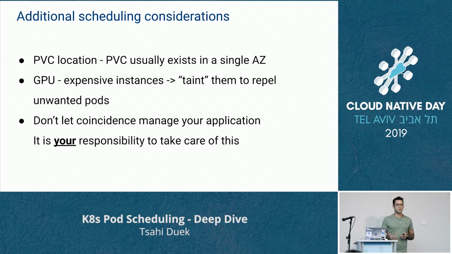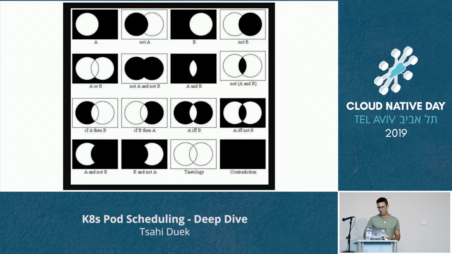It didn't happen for a reason. It is your responsibility, and you should take care of scheduling your application correctly. To me, it's like set theory. Anything you can express in set theory can be expressed as pod affinity, anti-affinity rules, and node selectors.